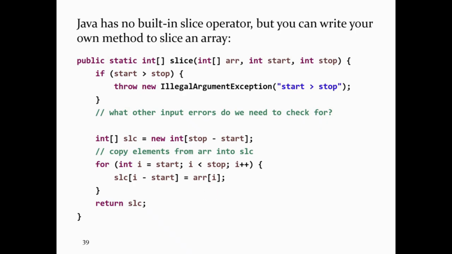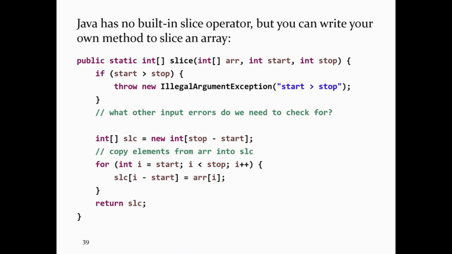The only thing you have to watch out for here is where you store the element of ARR in slice. Remember, slice starts counting at 0. So the index that I need, I have to subtract start from the value I to compute the correct index for the slice.